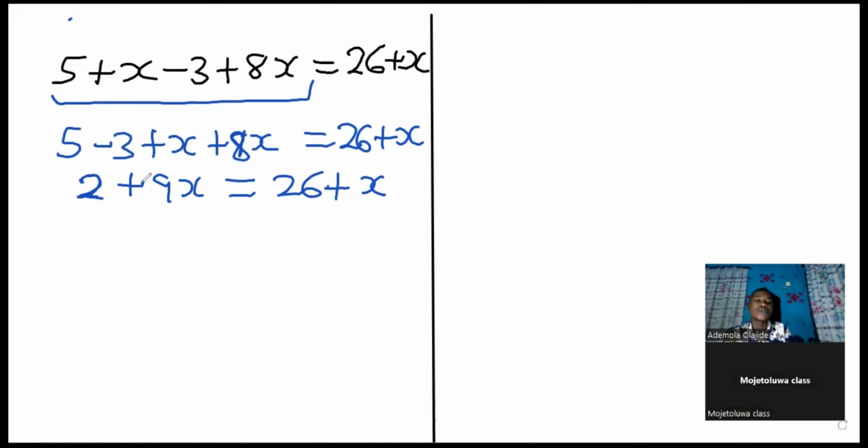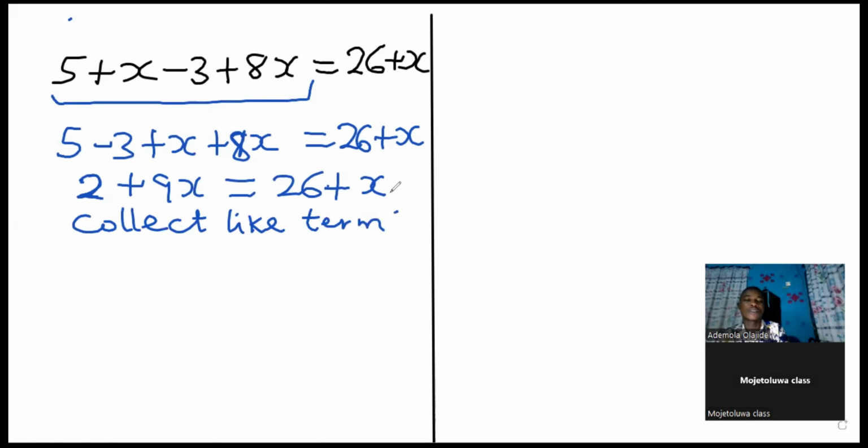So for this one now, we want the terms in x to stay to the left and terms without x to stay to the right, or vice versa. If you like, you can let 2 and 26 be to the left, while this 9x will go and join x to the right. Anyhow you want it. Just say collect like terms. Rearrange terms so that you can simplify each of them into single terms.